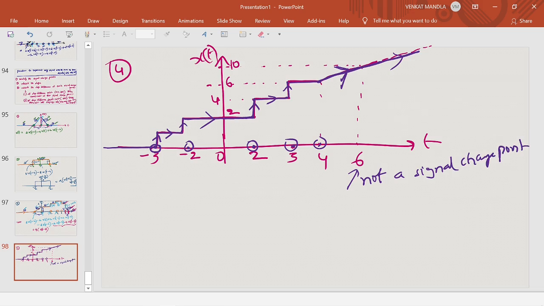Okay, important, this one is important. 6 is not a signal change point, so we don't need to write the signal at t equal to 6. And then the next step is calculate the slopes.